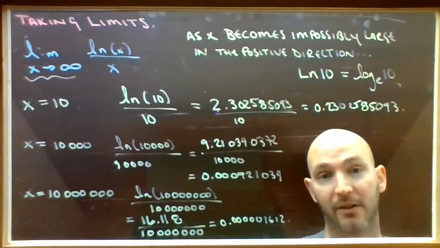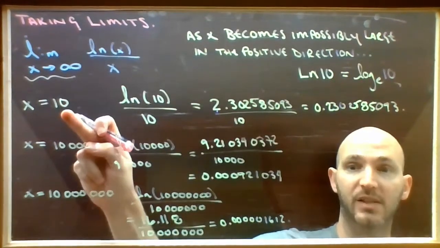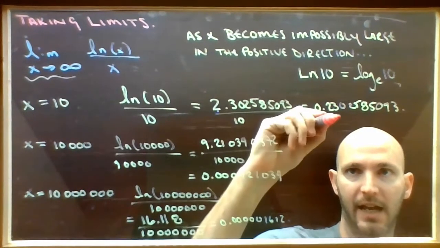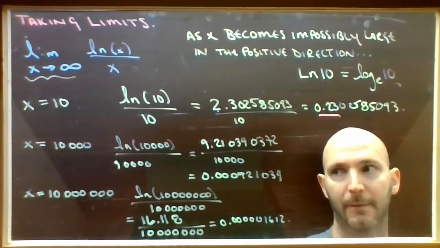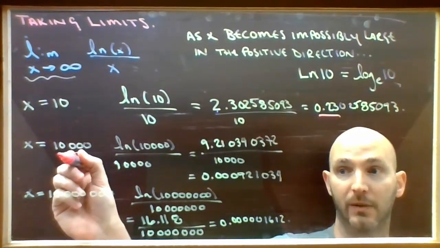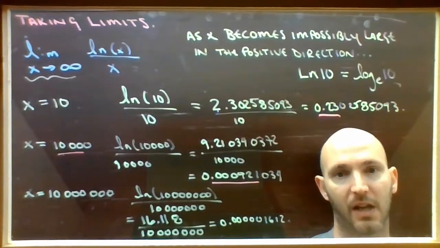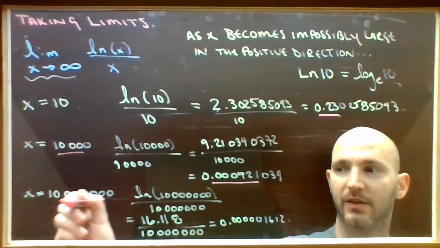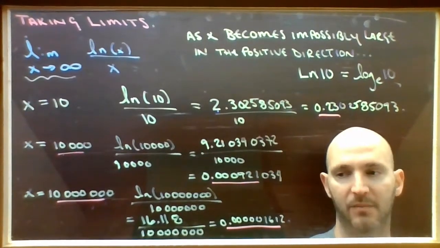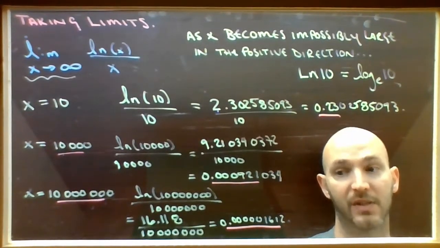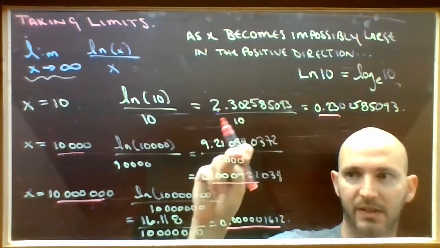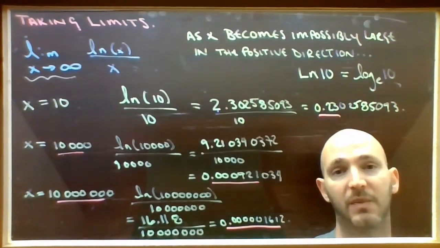Okay, so as x becomes impossibly large in the positive direction, let's look at the pattern and see what happens. When x was way out at 10, I had 0.23 as my answer. When it got further out, my answer dropped to this, 0.00092. And when I got out this far, my answer dropped to that, 0.000001612. What's happening to these numbers? It looks to me like they're vanishing.